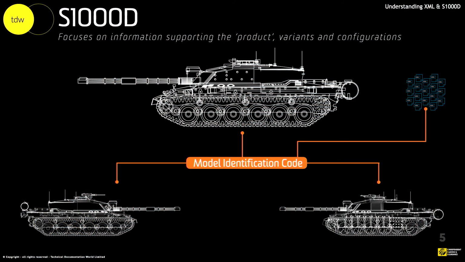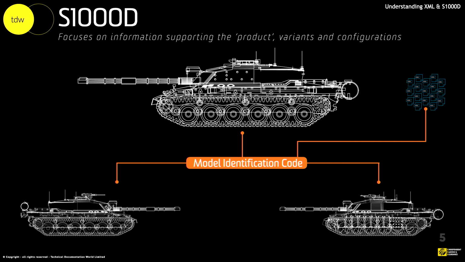So here, for simplicity, I have just said that I've got one main platform which has a couple of variants, but for the simplicity of this project we're using model identification codes to differentiate between them. Now we could easily, in an S1000D project, reuse content across each of these variants that's common, and create content that's specific to a variant for those particular output requirements.